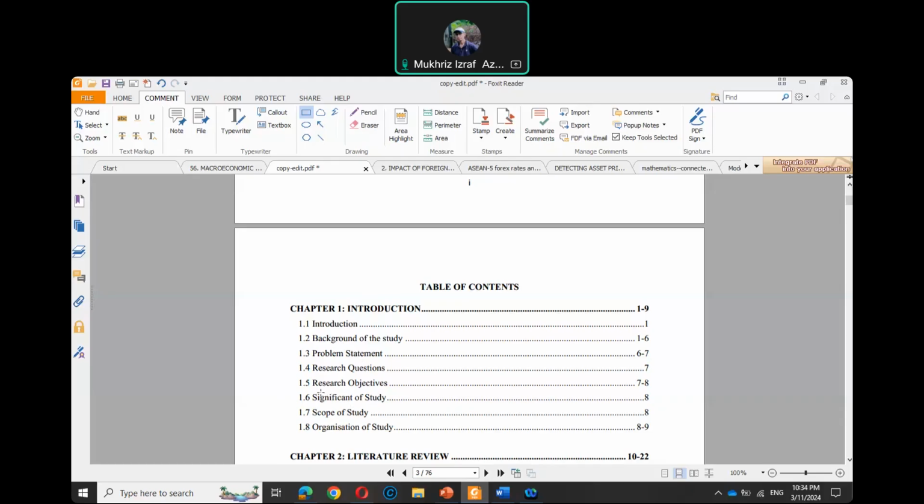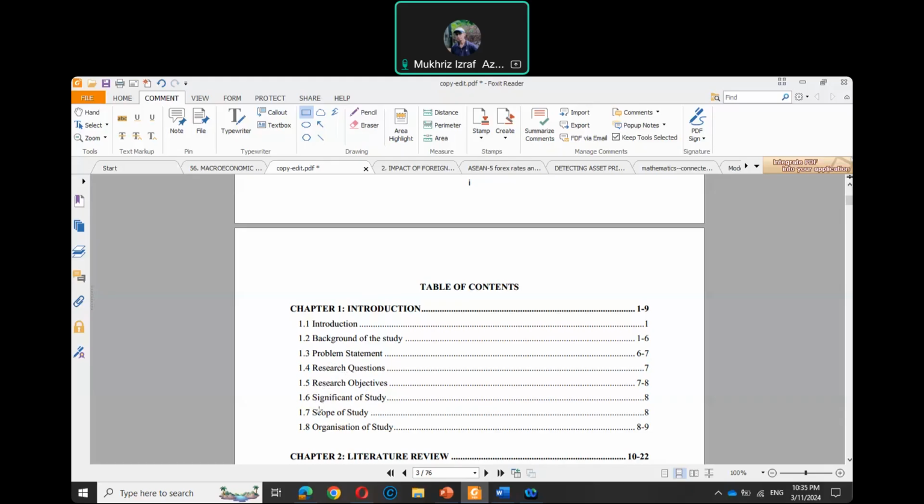Once you know those 4, the 3 IVs and the 1 DV, then you can construct your RQ and then your RO. The RQ is in the form of a question, whereas the RO will be the same context in the form of a statement.